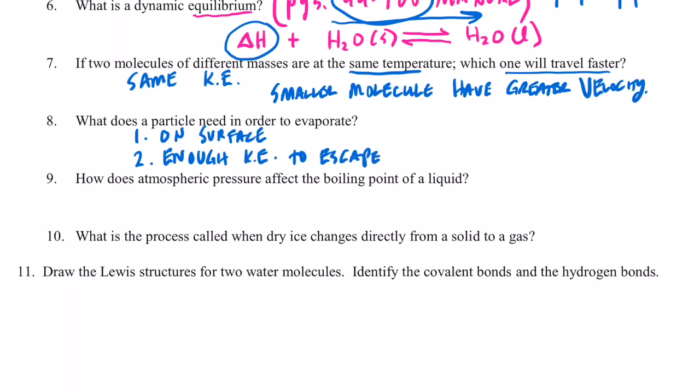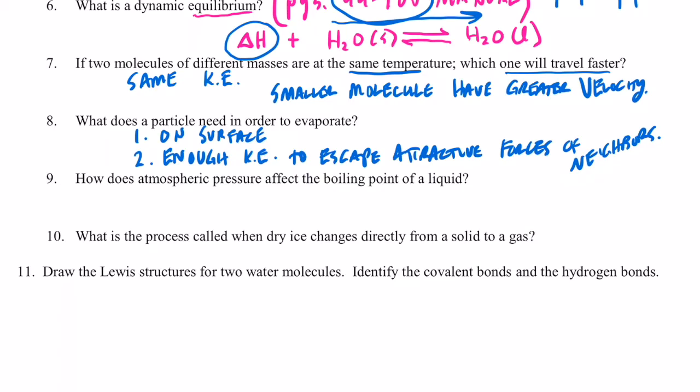Or neighbors. So to escape attractive forces of the neighboring molecules. So if it has enough energy, but it's at the bottom of the beaker, it's not going to be able to evaporate because it's not on the surface.